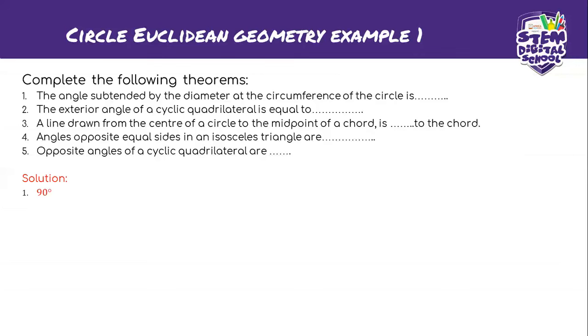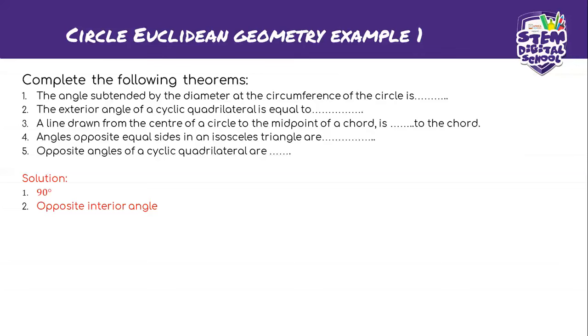Now we have another theorem here, which says the exterior angle of a cyclic quadrilateral is equal to what? It's equal to the opposite interior angle. The exterior angle of a cyclic quadrilateral is equal to the opposite interior angle.